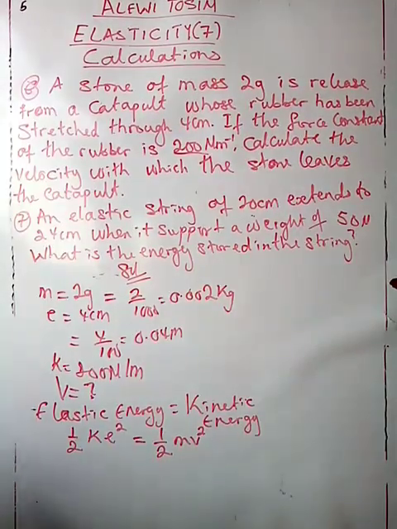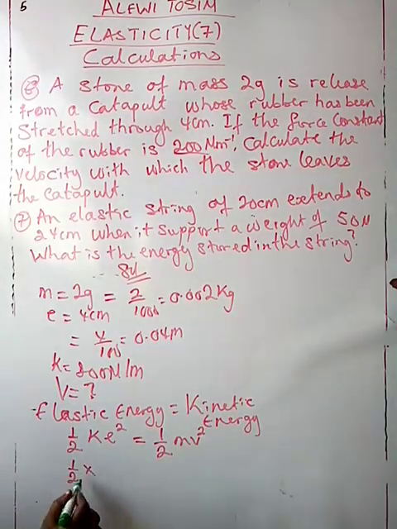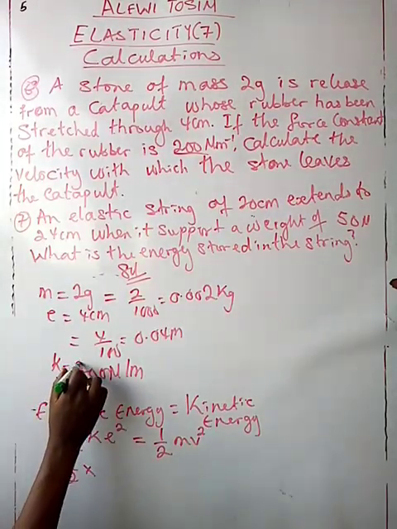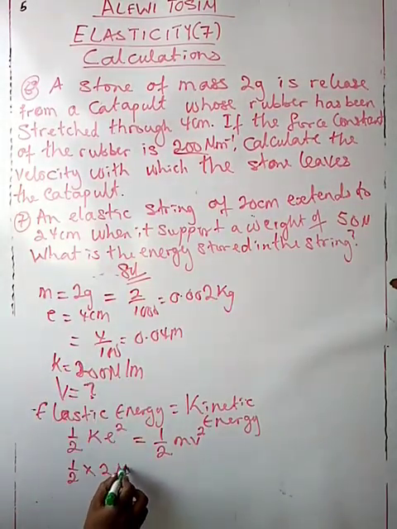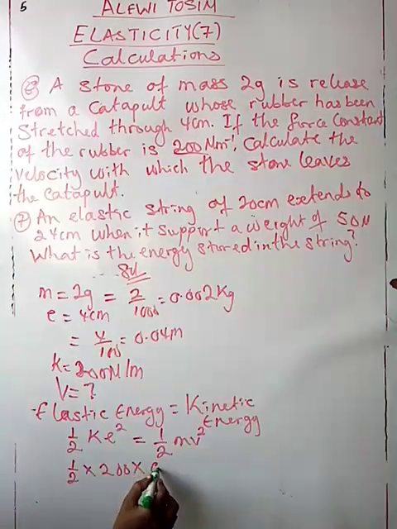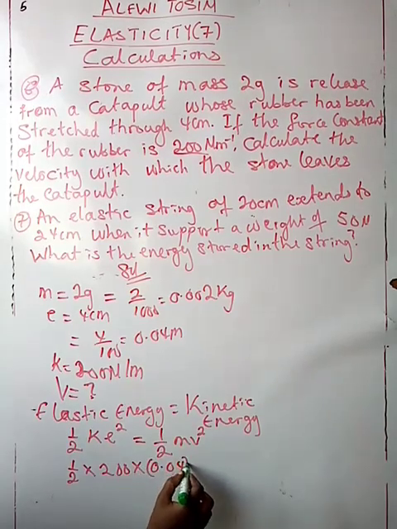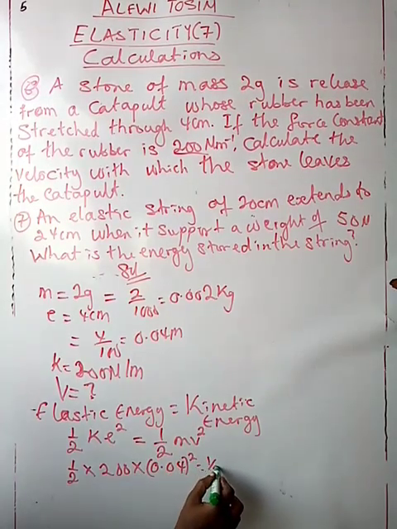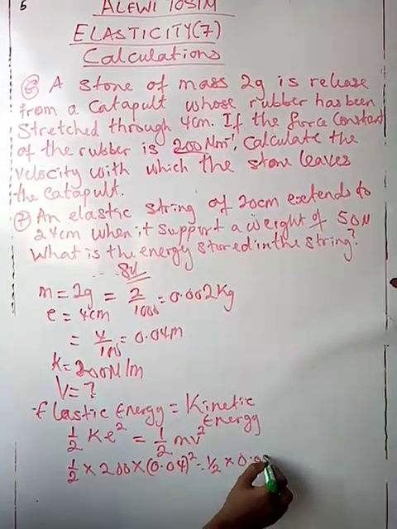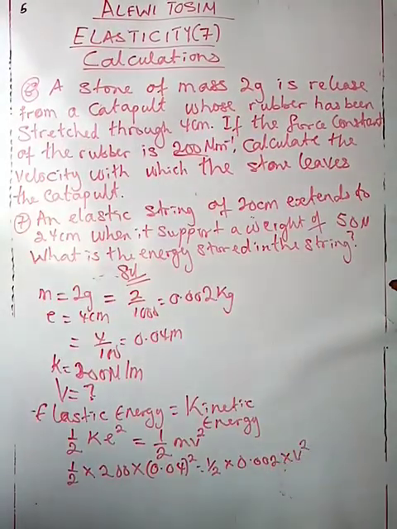Now let's substitute the givens. So this will be 1 over 2 multiplied by our k, which is 200, times e, which is 0.04 meters, squared, equals 1 over 2, our mass is 0.002 kilogram, and this is the unknown, v squared.